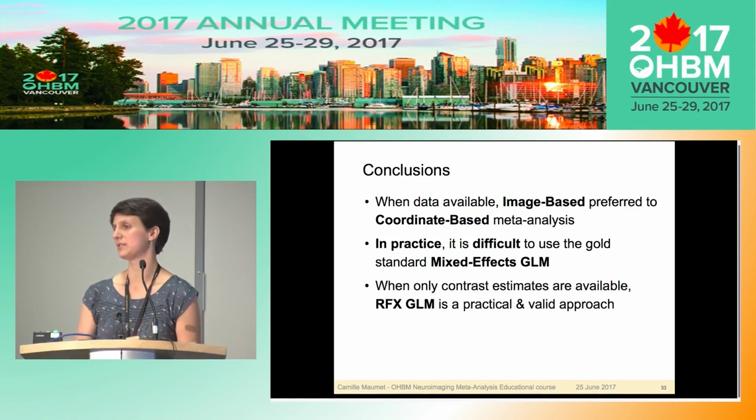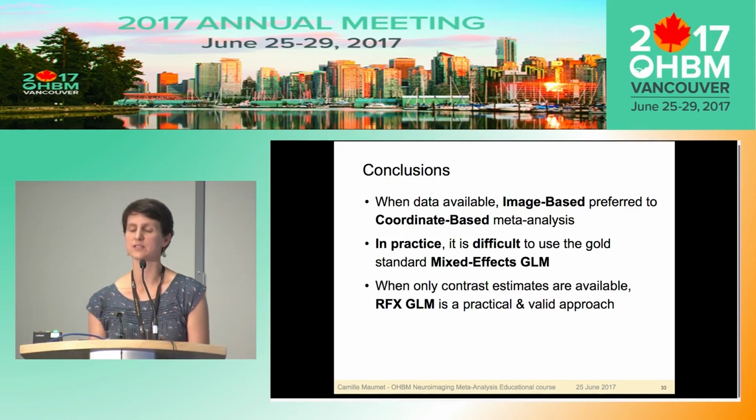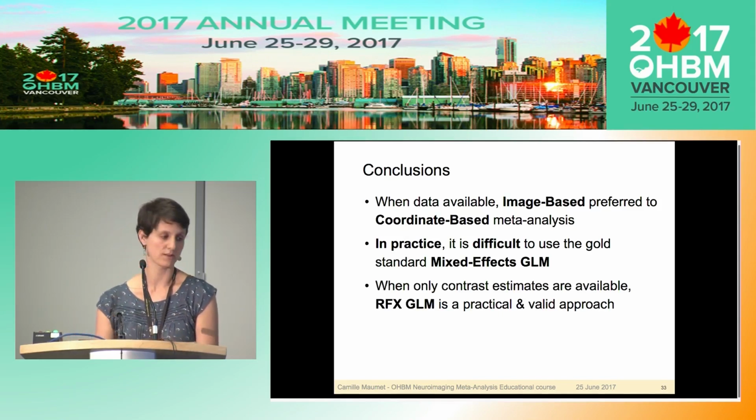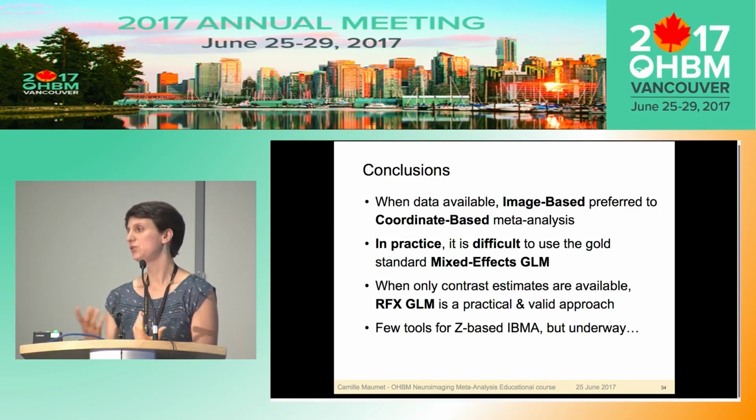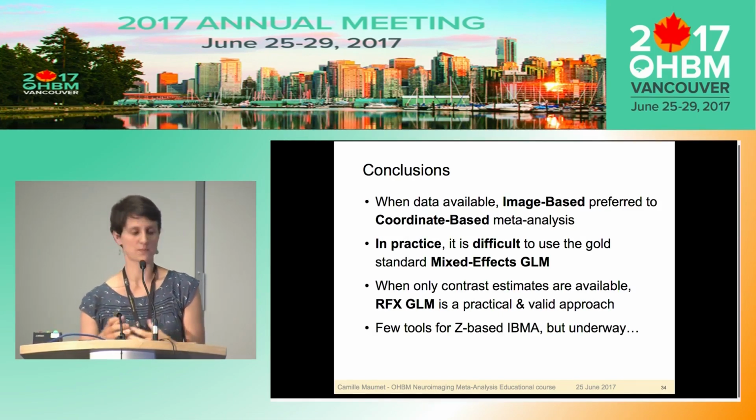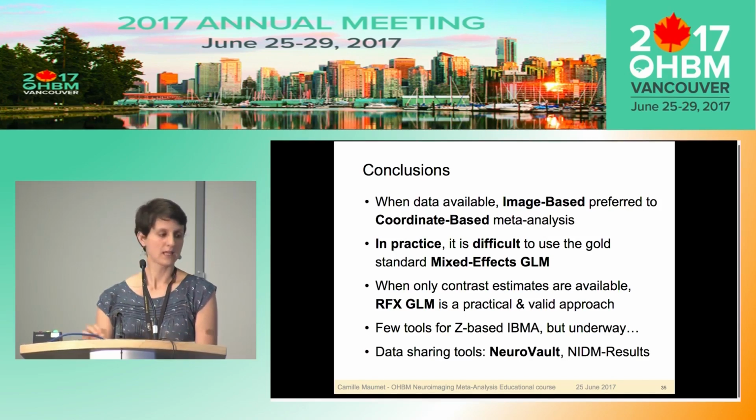When only the contrast estimates are available, the random effects GLM is a good approximation. There are still a few tools for Z-based meta-analysis, but they are still underway. And finally, I would advocate for data sharing tools such as NeuroVault, where you can share your maps so that tomorrow we can all do image-based meta-analysis.